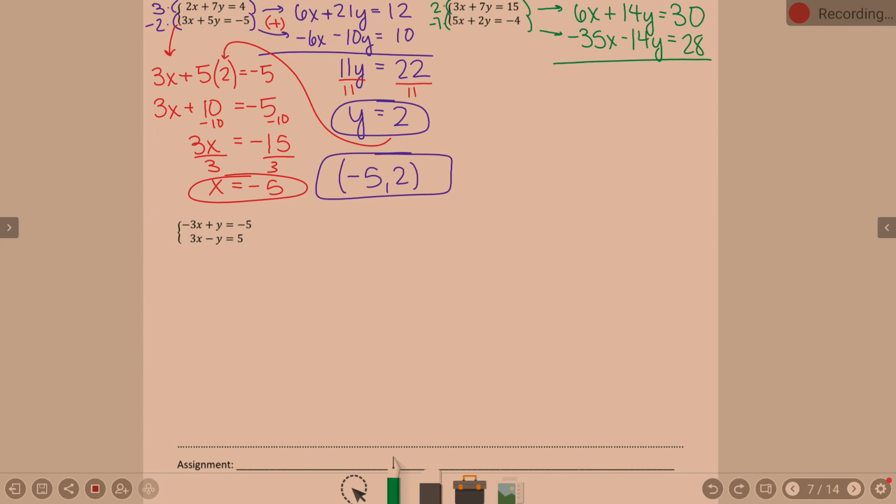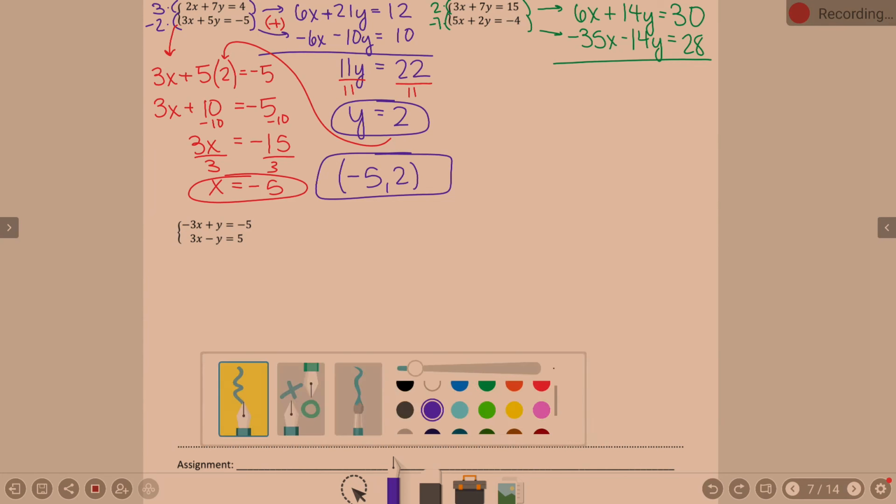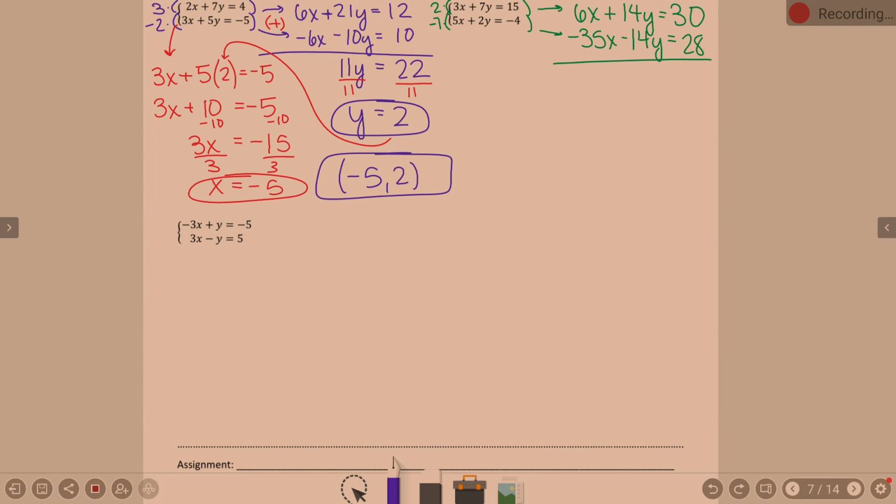And we are ready to what? Add. We're ready to add because the y's are the same and opposites.